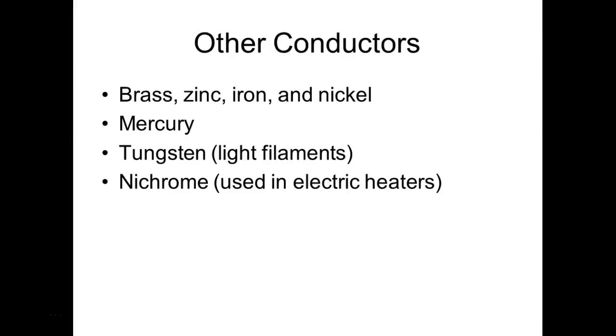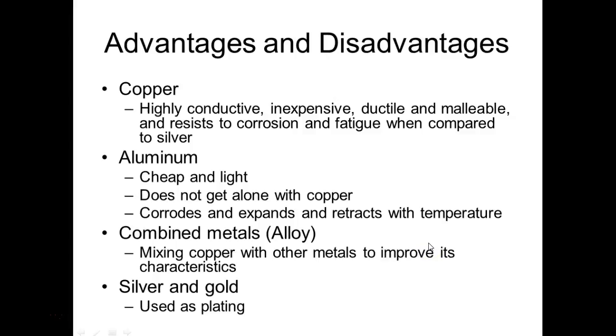Other conductors: brass, zinc, iron, and nickel. Tungsten. Basically, tungsten is a metal, but it's more like a resistor than a metal. Nichrome. We use nichrome in electric heaters. And of course, there are some advantages and disadvantages.